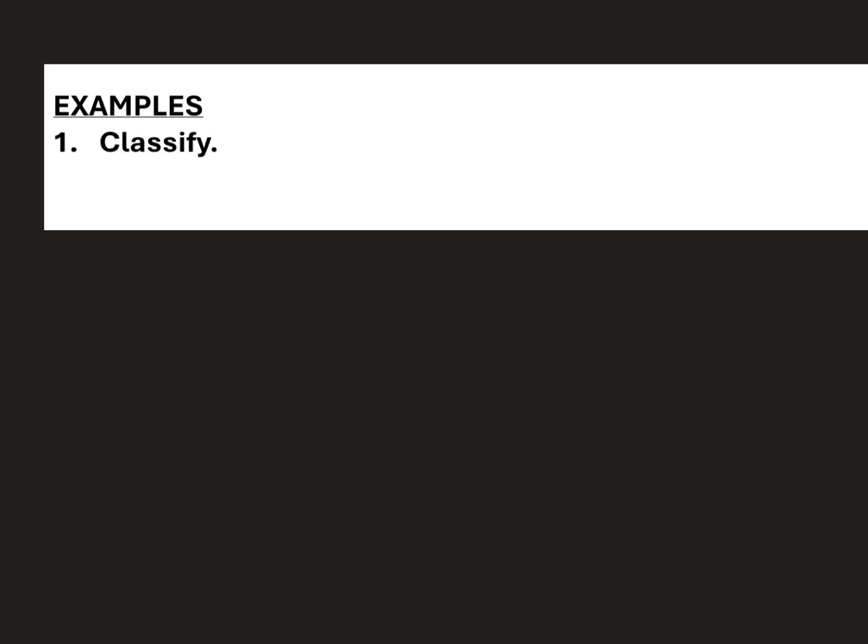So I'm going to classify by doing two things: I'm going to determine the number of solutions and then I'm going to classify it. The instructions say state whether the system of equations is consistent or inconsistent and whether it is independent or dependent. So that comes from that previous slide in the chart of the classifications.